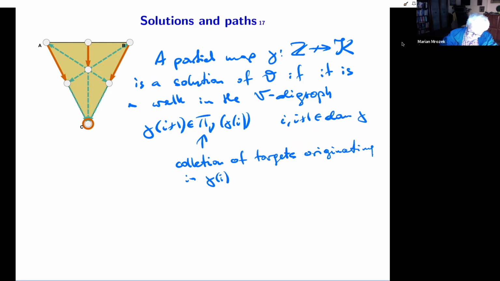And then a full solution: if the domain is the whole Z, I speak about the full solution.